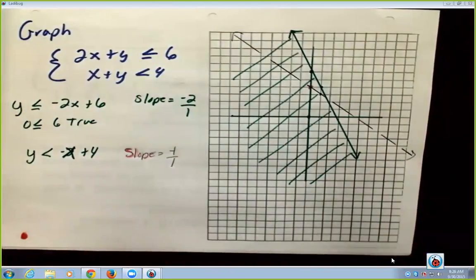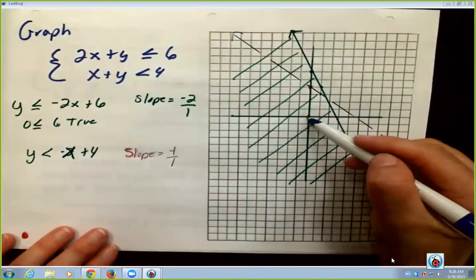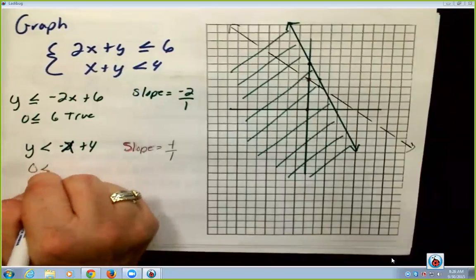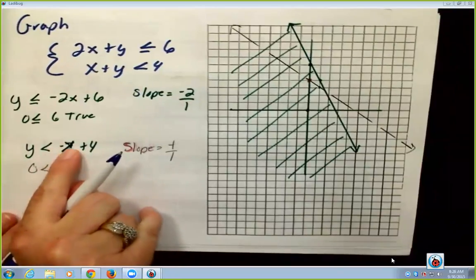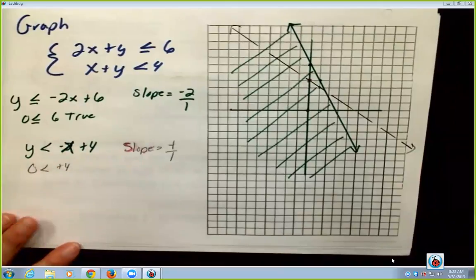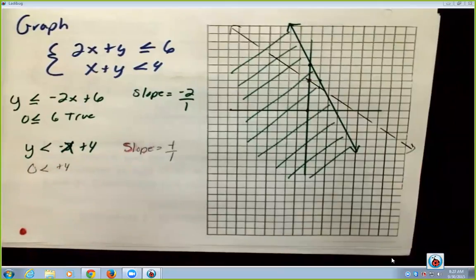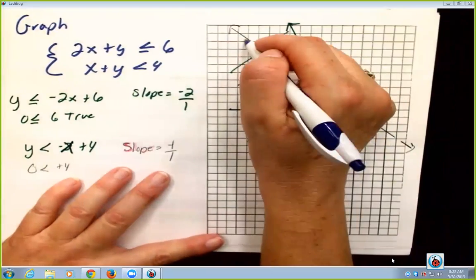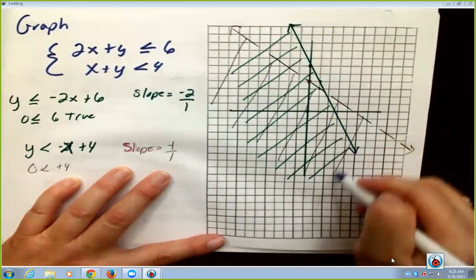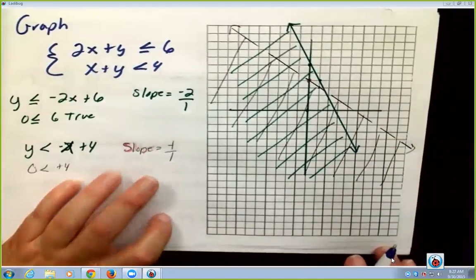And what side of it gets shaded? So test point 0, 0 is not on it, so I can still use it. So 0 is less than a negative 1 times 0 is 0 plus 4. True statement. So the side that's shaded on this line is there.